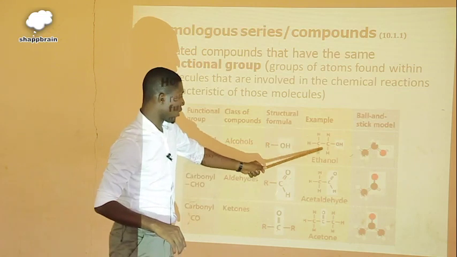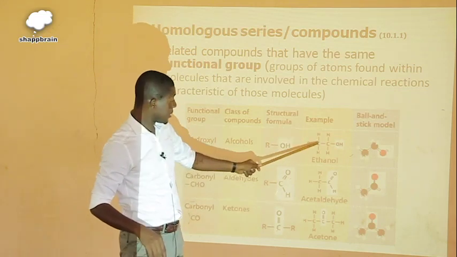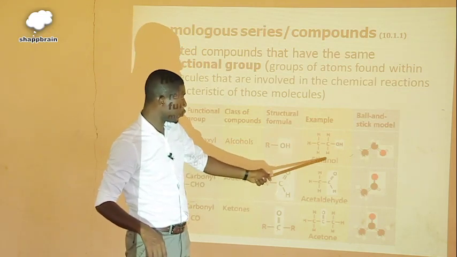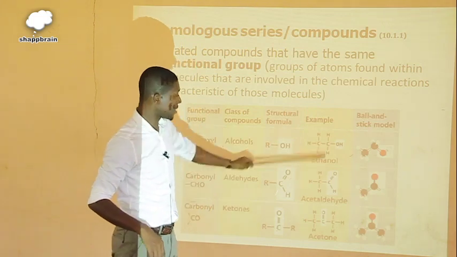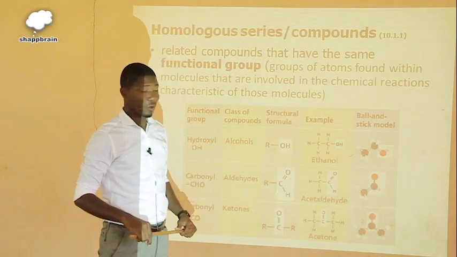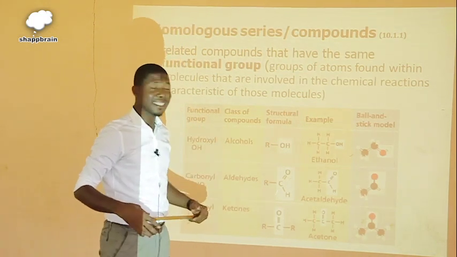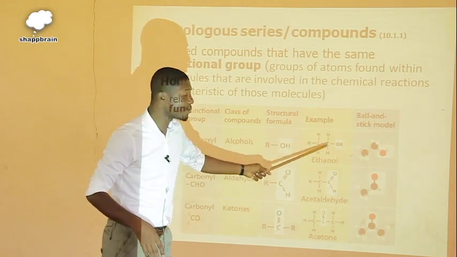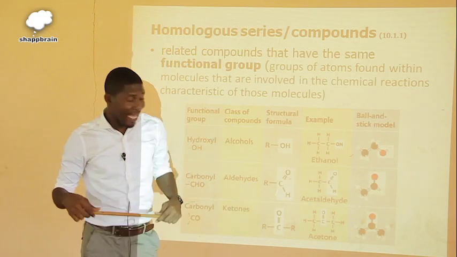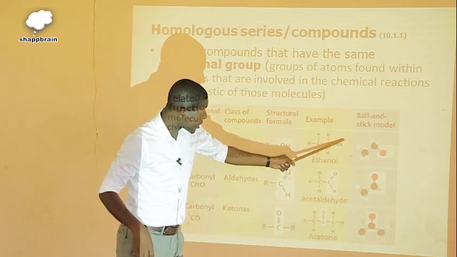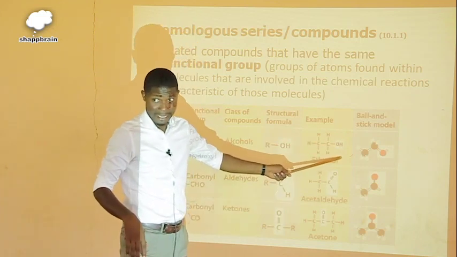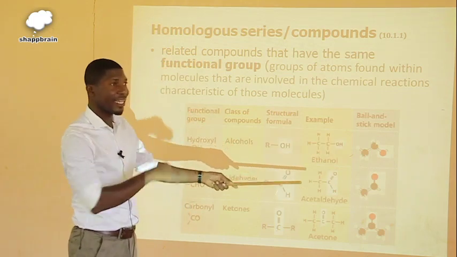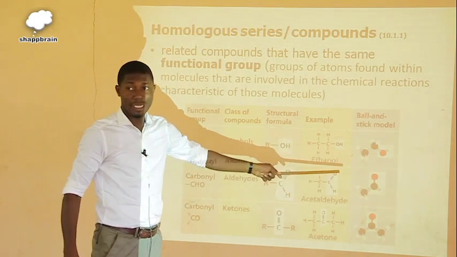An example is what we have here: CH3CH2OH. This is the expanded structure, and this is called ethanol, because there are two carbon atoms in the longest chain. Then we have the OH, which is the functional group. That's why it is highlighted in white, indicating that the functional group in there is an alcohol, a hydroxyl.